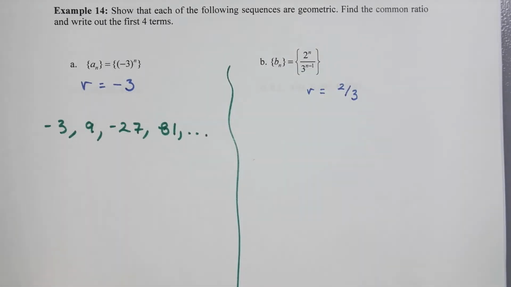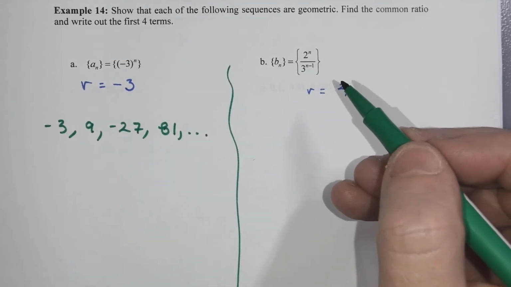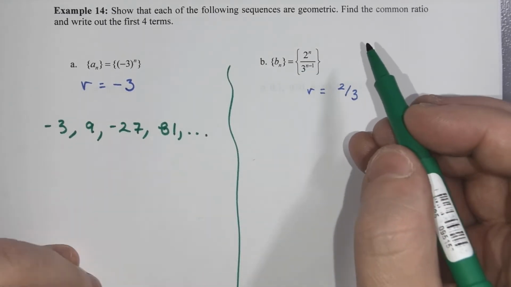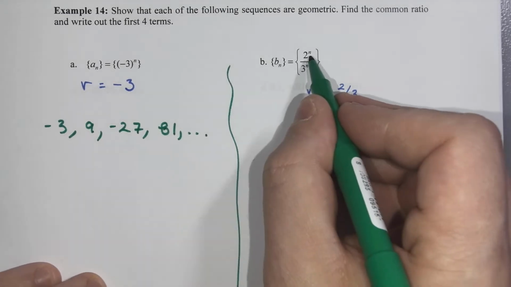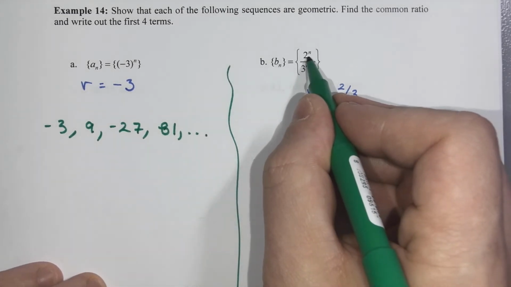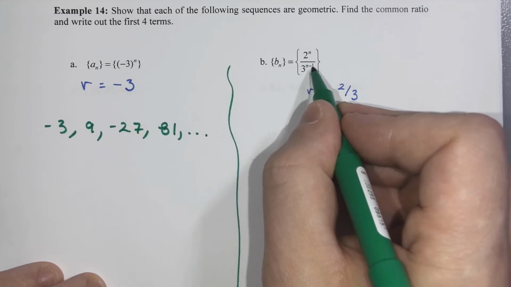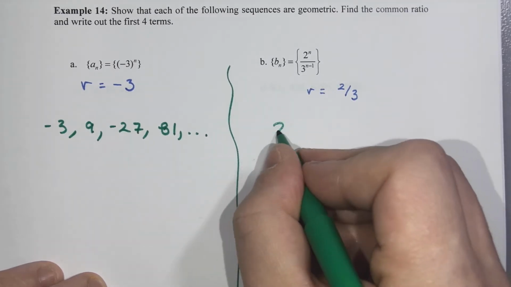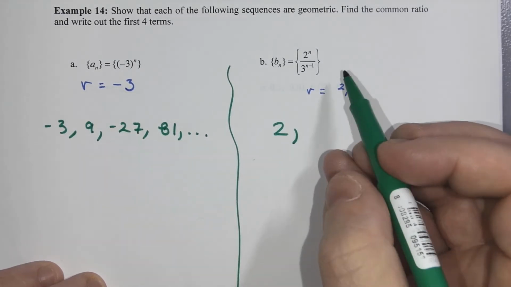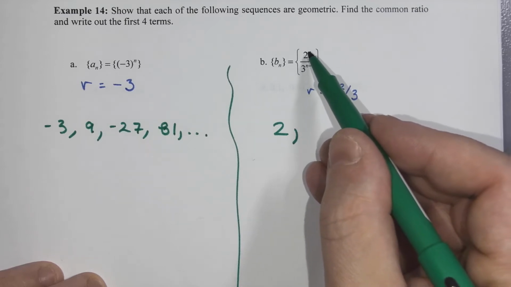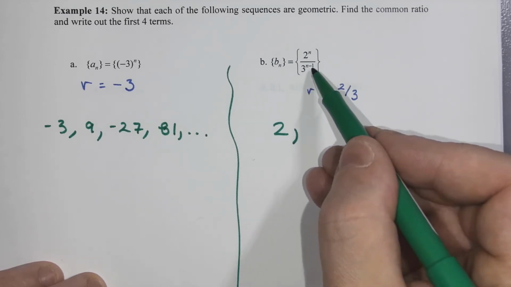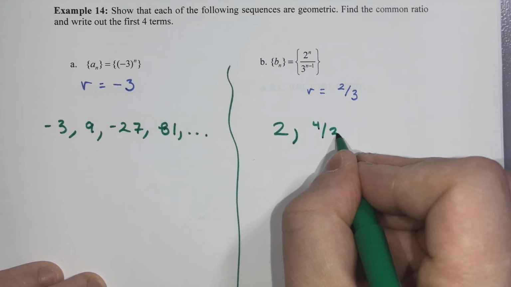And then over here, if we replace n with 1, we would get 2 to the 1, which is 2, over 3 to the 0, which is 1, so we get 2. Replace n with 2, then we get 4 over 3.